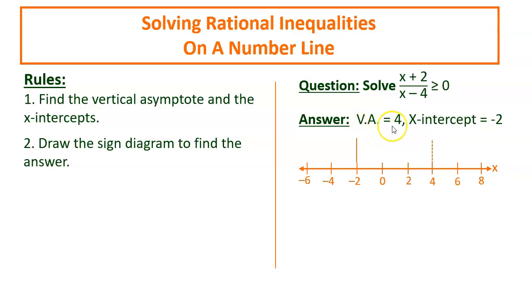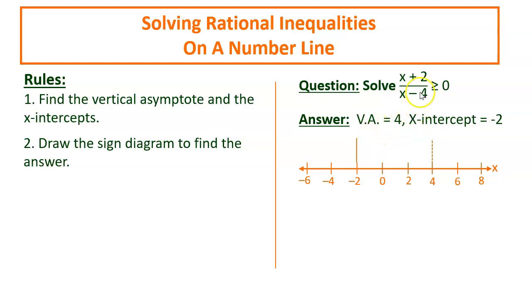And the vertical asymptote is positive 4. Now you see the difference. Since this is the x-intercept, it is a solid line, because the graph of the expression will pass through the point x equals negative 2. But since the vertical asymptote is x equals 4, you can never have x equals 4.